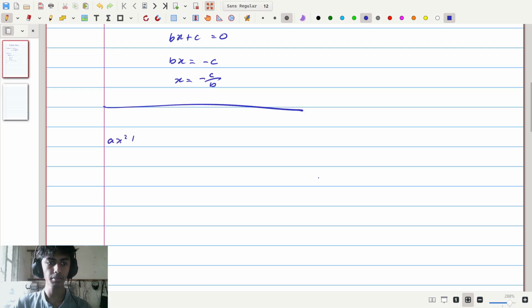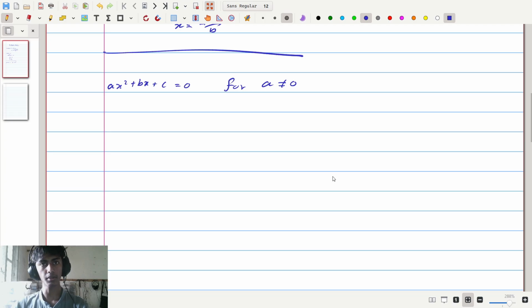Ax squared plus bx plus c equal to 0 for a not equal to 0. In this case, in order to derive the quadratic formula, we follow a simple method. The first step requires a to not be 0, because the very first thing we're going to do is divide everything by a.